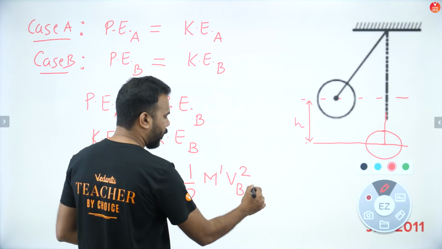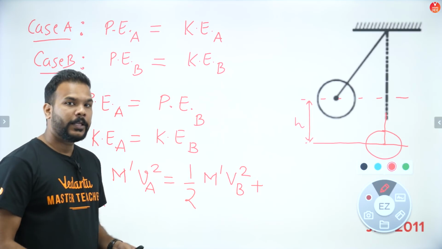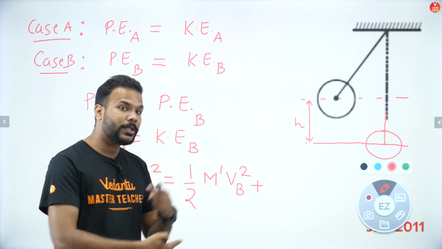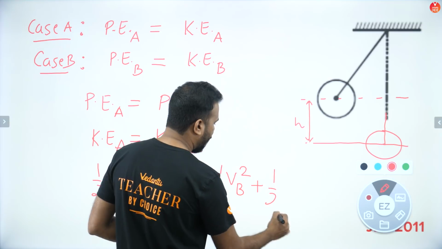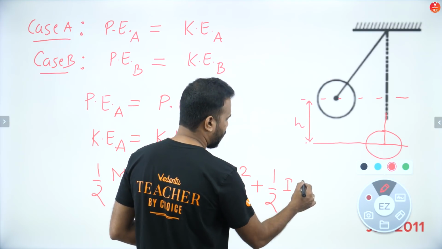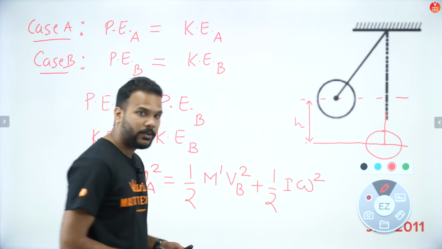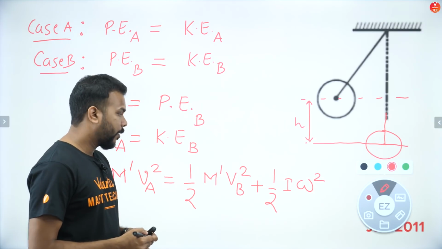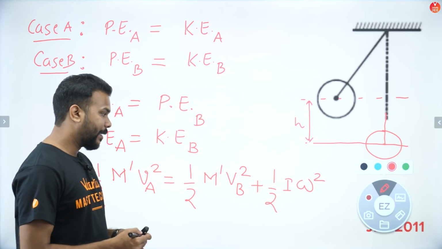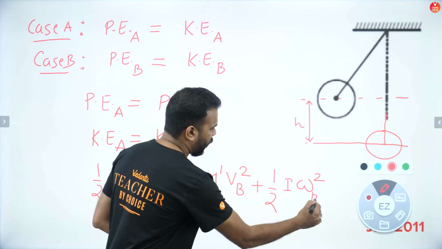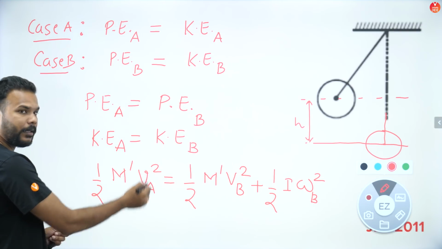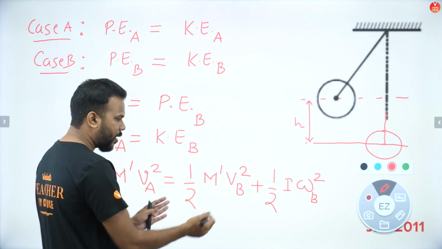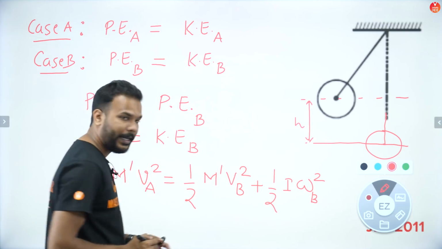But along with this, your disc has also started rotating. That means there will be some rotational kinetic energy of that disc, which is half I omega square. In this case, if we write it as omega B, this kinetic energy has to be equal to this plus this kinetic energy.